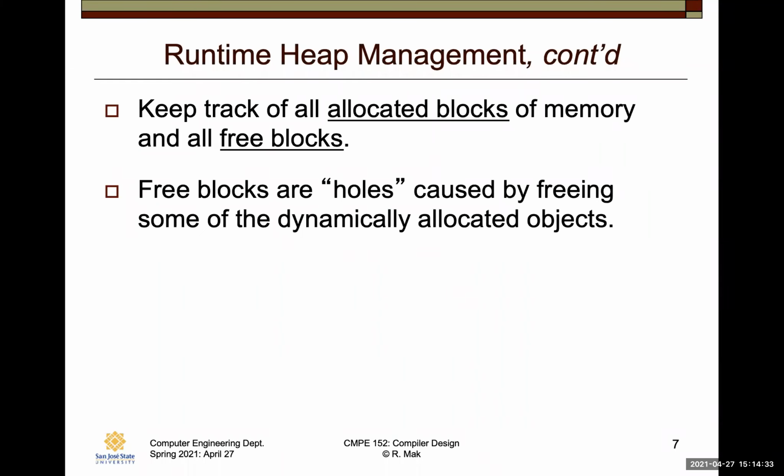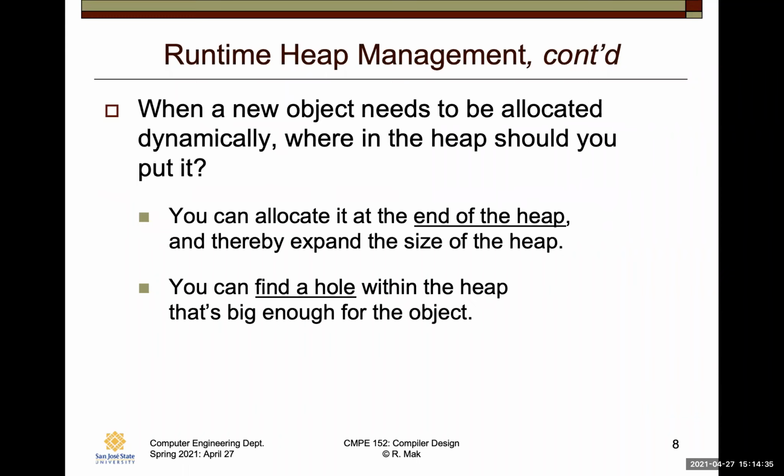All right, so when your program says, hey, I'm going to create a new object, I want to allocate a new object, where in the heap should that object go? Well, again, the heap manager is going to figure that out. Now, when I say you, I really mean the heap manager.